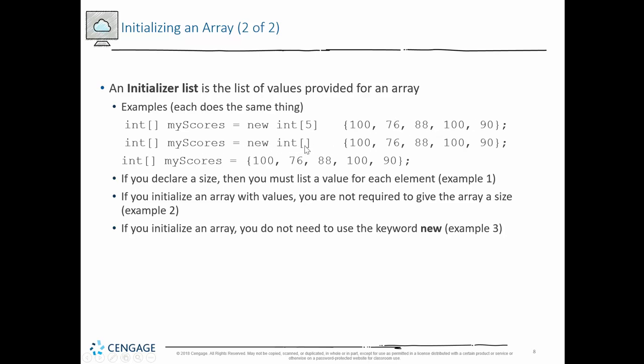In fact, many languages require that you don't have a number in there. If you declare a size, you must list a value for each element. As it says, if you initialize an array with values, you're not required to give it a size. And if you initialize the array yourself, again, you don't even need the word new.